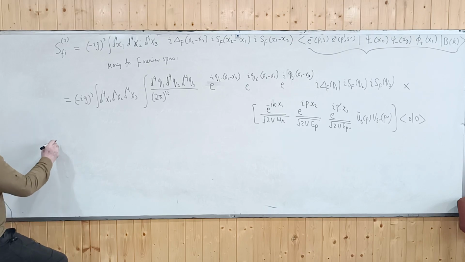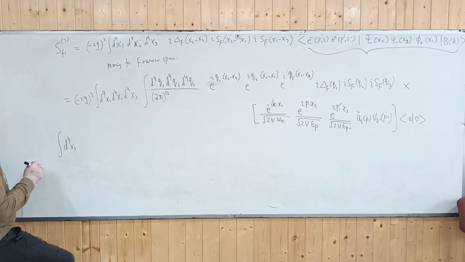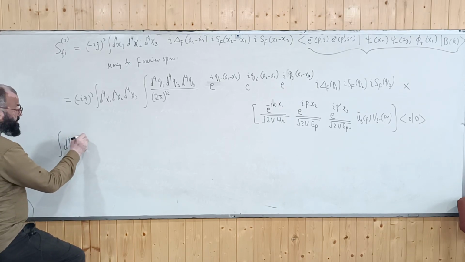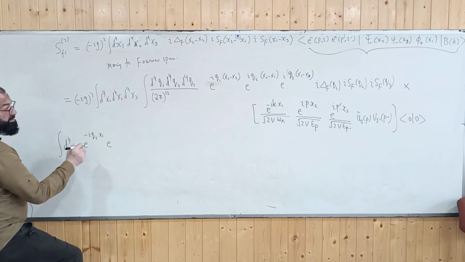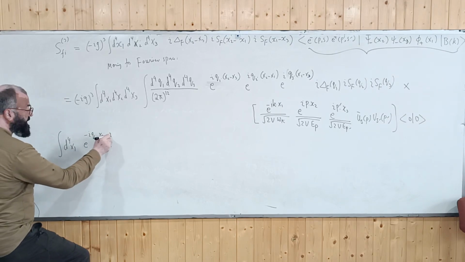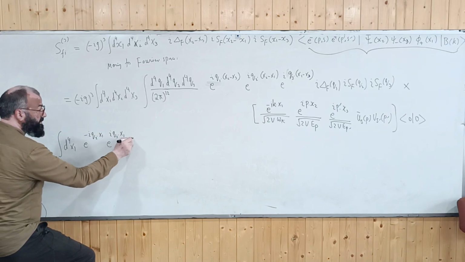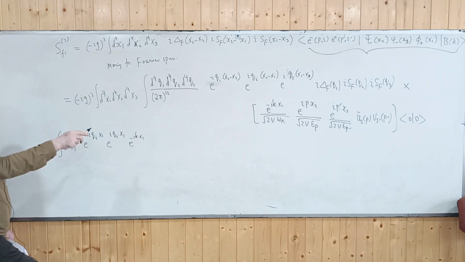Okay, so let me write these integrals, d4x1. Now tell me, where is x1? It's e raised to minus i q2 dot x1. Clear? Then you have the exponential e raised to i q3 dot x1 and then e raised to minus i k dot x1. Clear? You sure? So these are the exponentials.